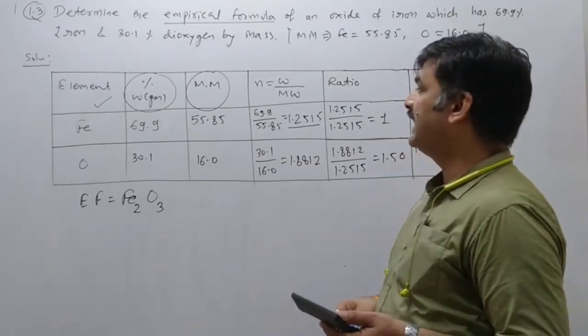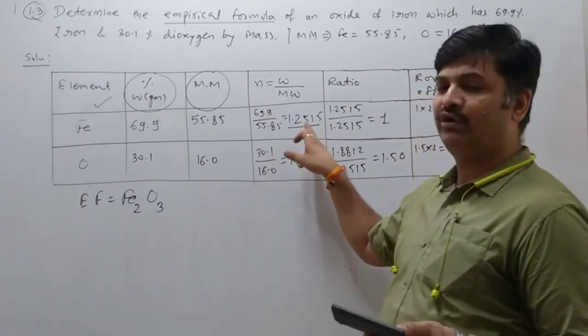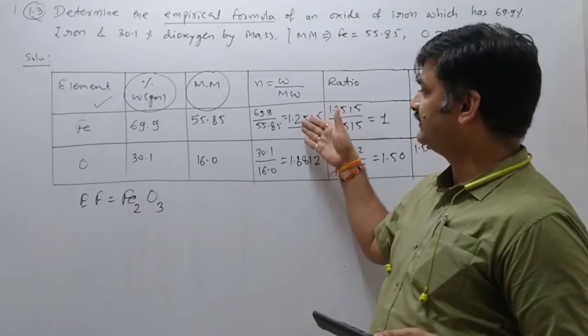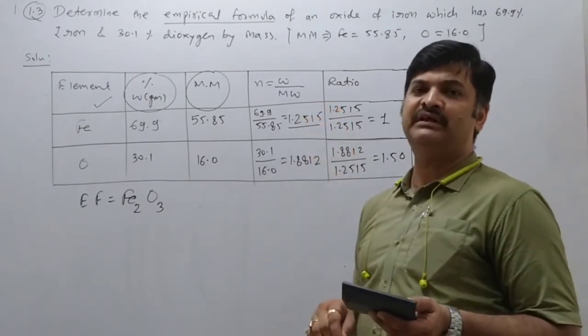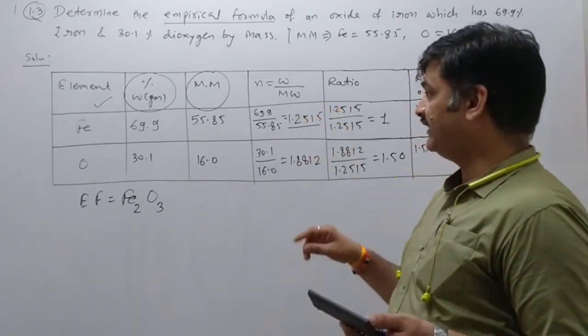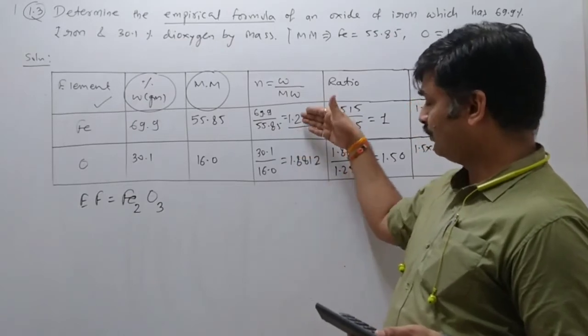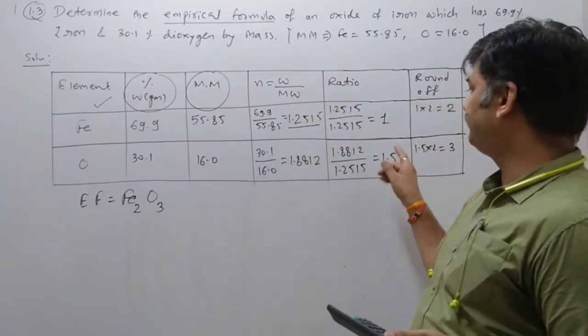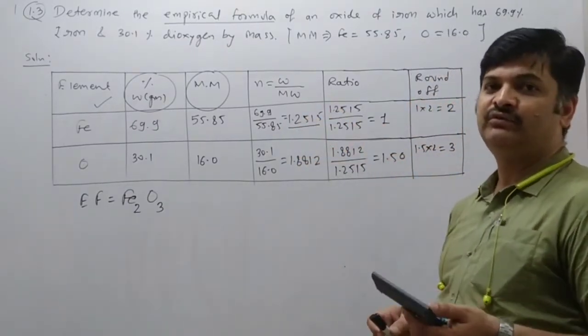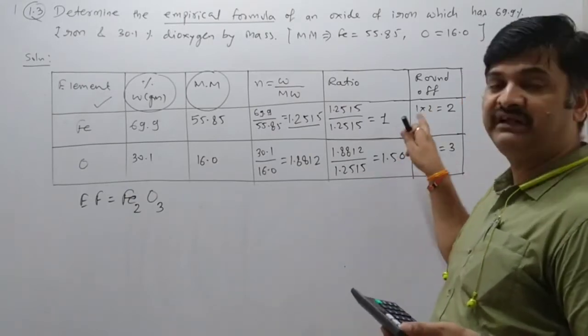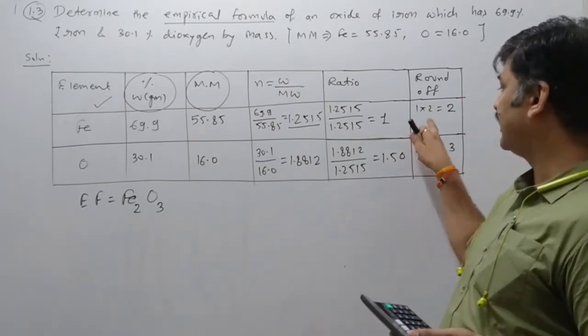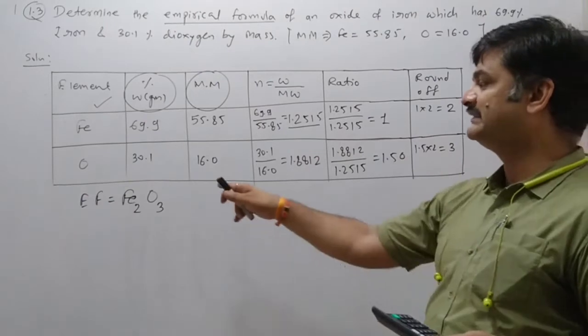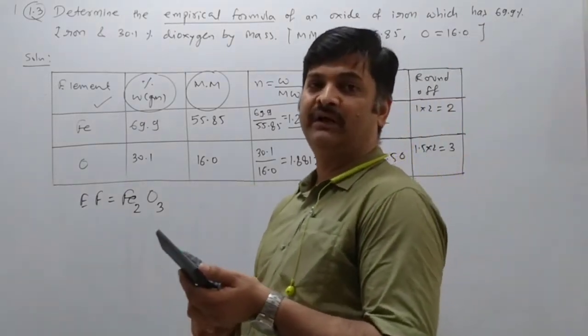First of all identify the mole, and after calculating this mole, find out which number is the smallest. Divide with that number, and if a fractional value is there, try to make it complete. So here we are doing round off. In case of round off, here 3 will come. So this is normally known as the empirical formula.